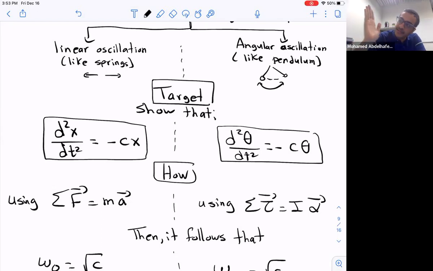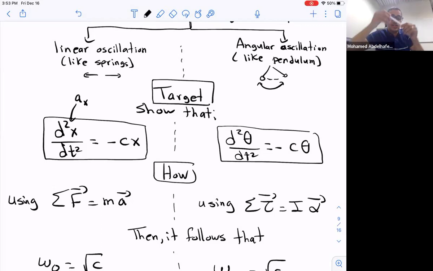Well, if you're oscillating linearly, you need to find the acceleration. This guy right here is just the acceleration in X. So you need to find the acceleration of the object and show that it is equal to minus a constant times X. Write it in this form: the second time derivative of X is minus some constant times X. If you do that, then you've shown that this is a harmonic oscillator.